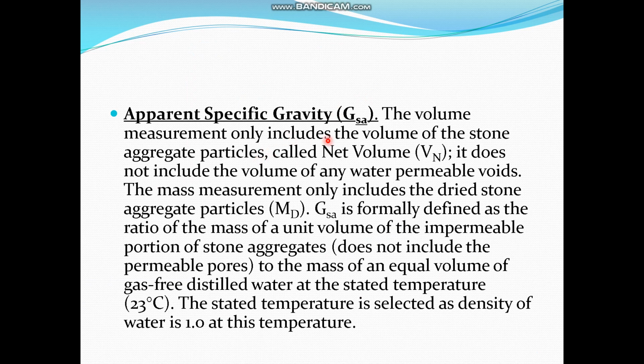So as I've already told you, the apparent specific gravity is when we take the dry mass and divide it by the net volume, and we do not consider the impermeable voids when it comes to the evaluation of the volume of the aggregates.